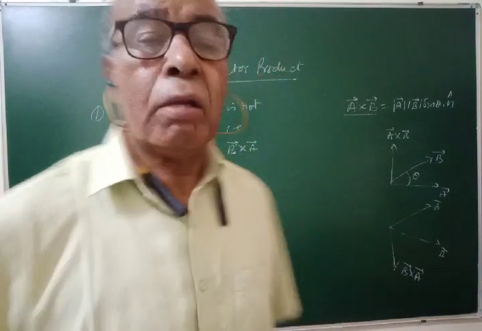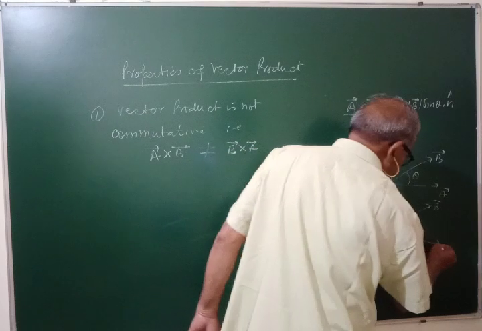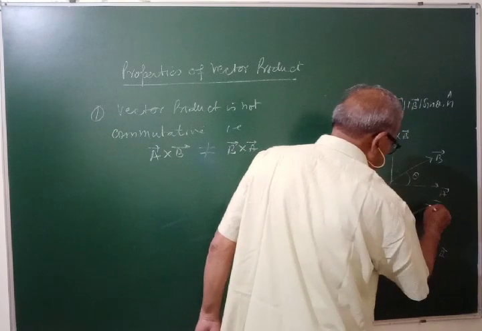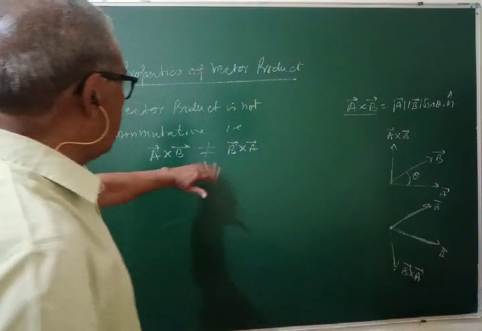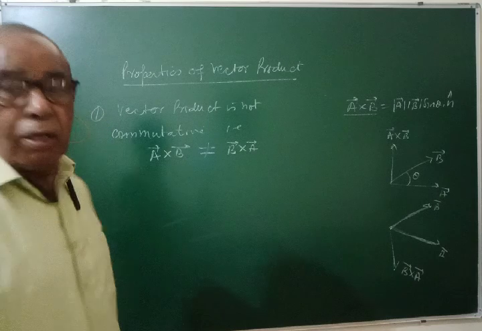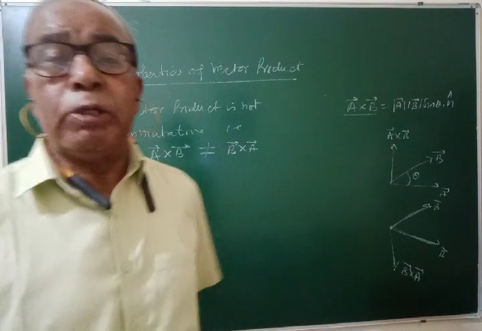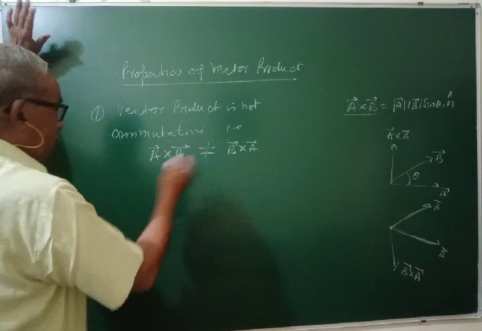Is that clear? Here it is vector B, it is A. So B cross A is normal to plane of board and into it. So why they are not equal? Because two vectors are said to be equal if they have same magnitude and same direction. So how they are equal?